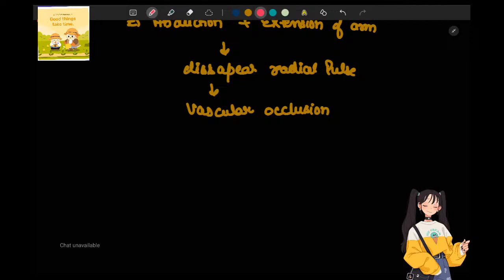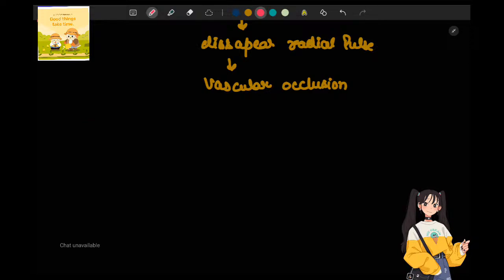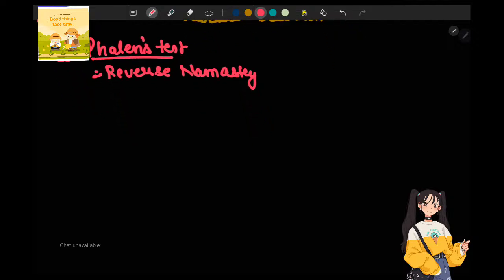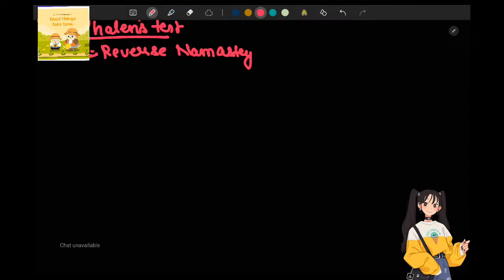Okay, so the next test we have is the Phalen test. What happens here, this is also known as reverse namaste. The most specific carpal tunnel syndrome test is the Durkan test, where the median nerve is compressed.